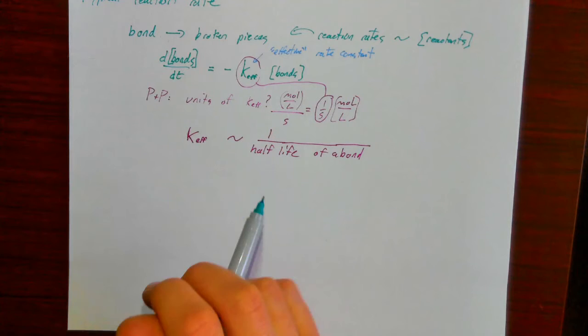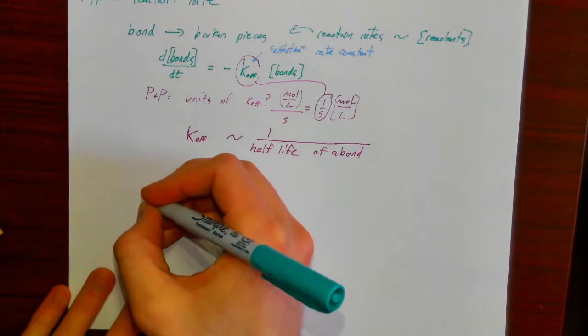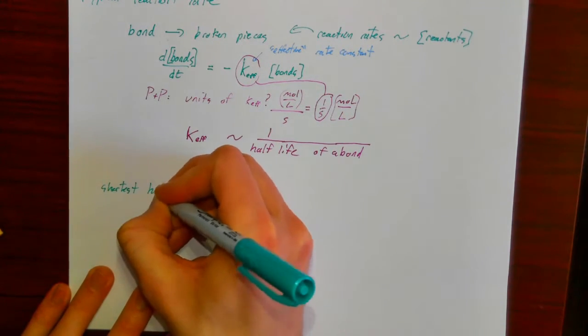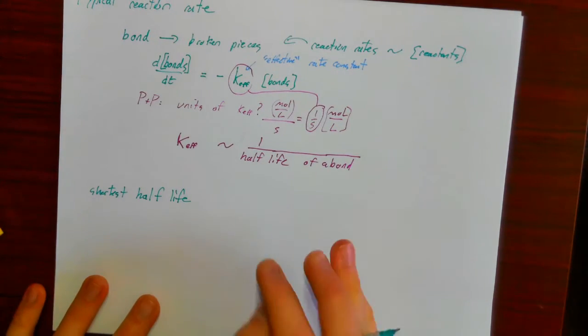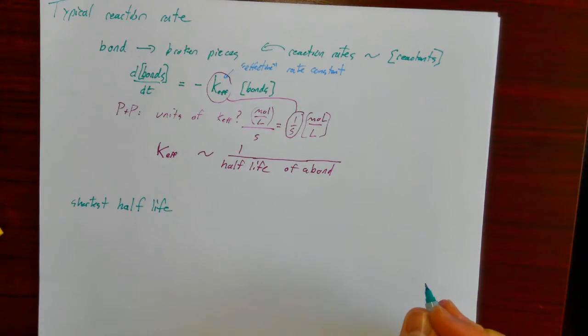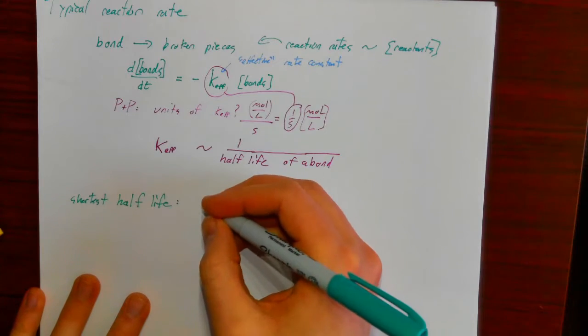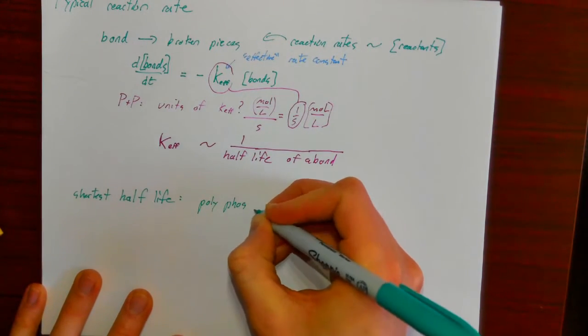So what are some typical half-lives that you might see? We'll start with the shortest half-life. This is a class of polymers called polyphosphazines.